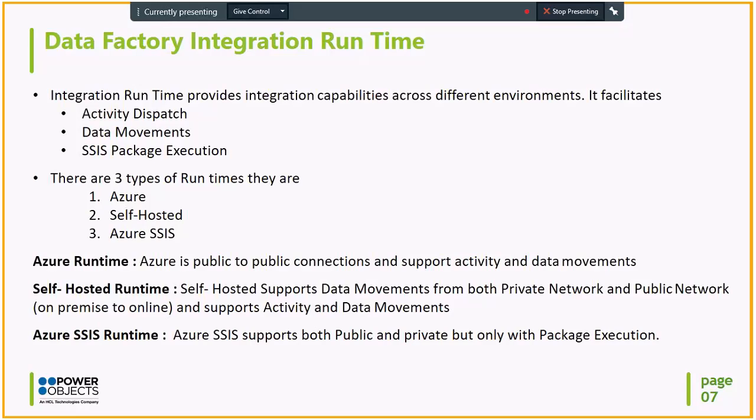Apart from that, we also have one more integration runtime component called Azure SSIS runtime. This Azure SSIS runtime is nothing but, for example, when we create packages in on-premise SSIS projects and deploy them to the databases, we will see a component called a catalog, or integration catalog, which is available to deploy our jobs.